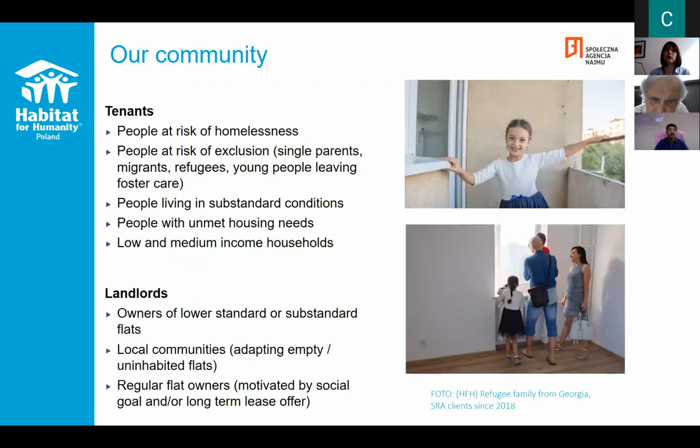So speaking about our community, our tenants and our landlords, as you can see here, our tenants come from different types of background, and they are people who are at risk of homelessness or exclusion: immigrants, refugees, single parents, people living in institutions, being in a crisis situation, who need immediate housing and immediate support.